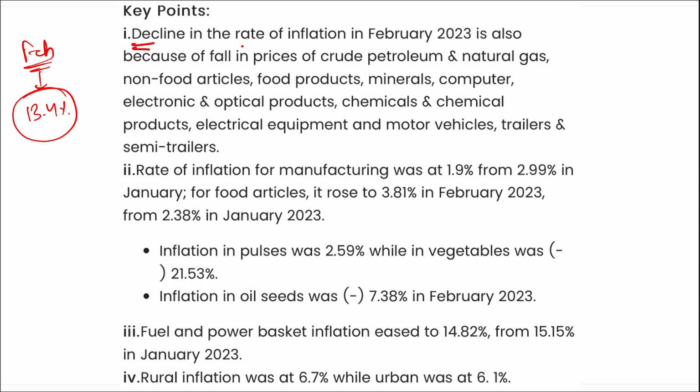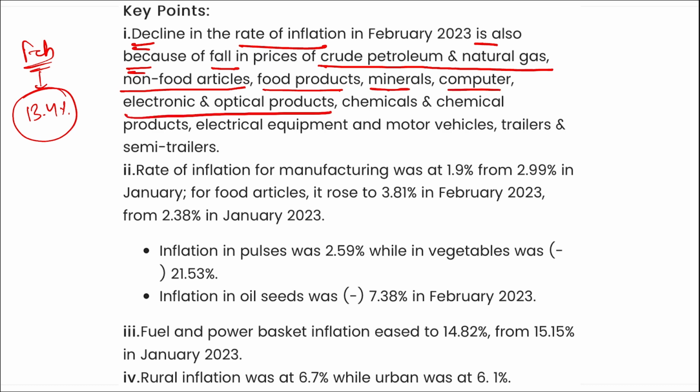This decline in the rate of inflation in February is also because of the fall in prices of crude petroleum, natural gas, non-food articles, food products, minerals, computers, electronics and optical products, chemicals and chemical products, all such things. Then inflation in pulses was around 2.59%, while in vegetables it was 21.53%.